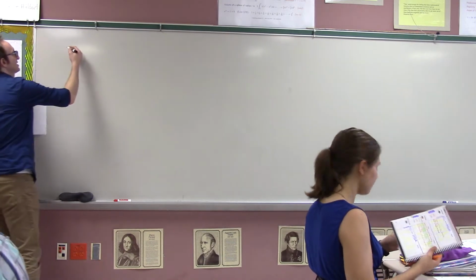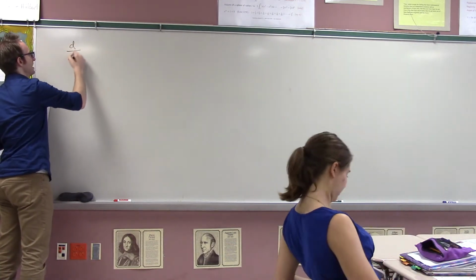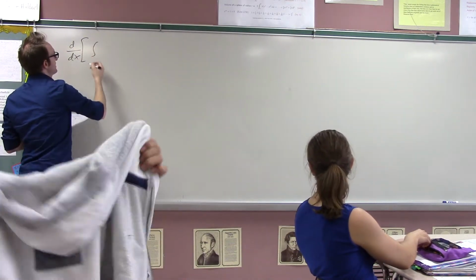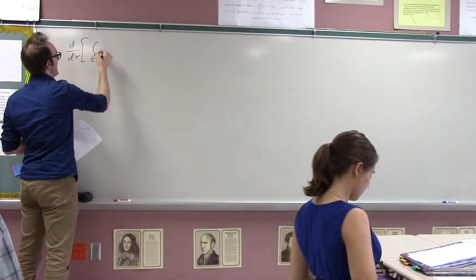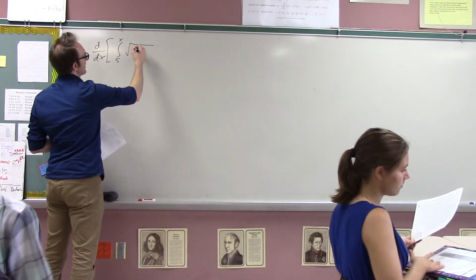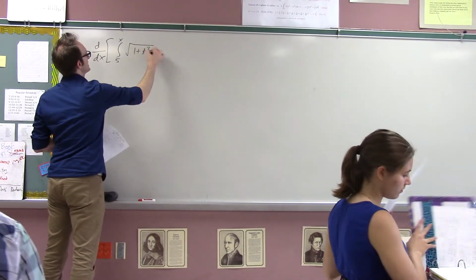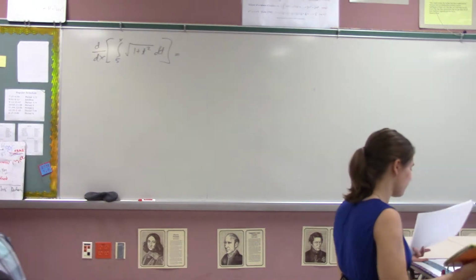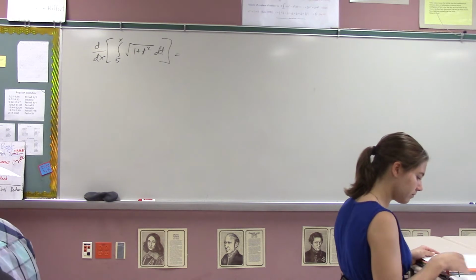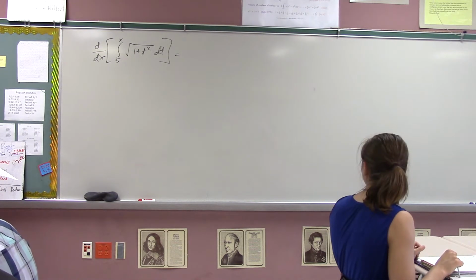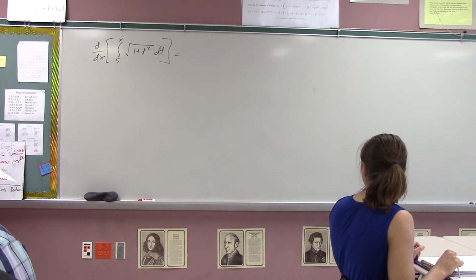First of all, just to make sure we're all cool on the FTC, if I try to differentiate, for example, the integral from 5 to x of the square root of 1 plus t squared dt, what is this?